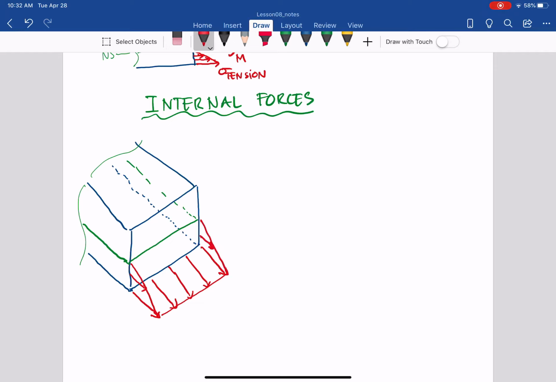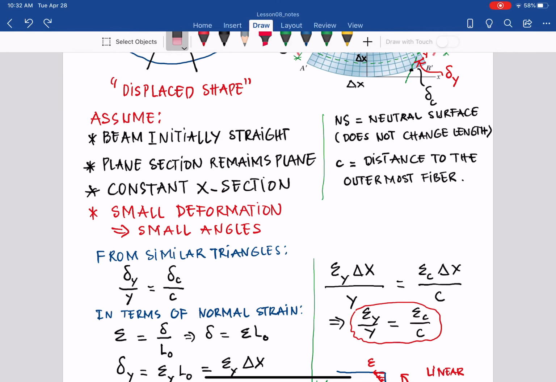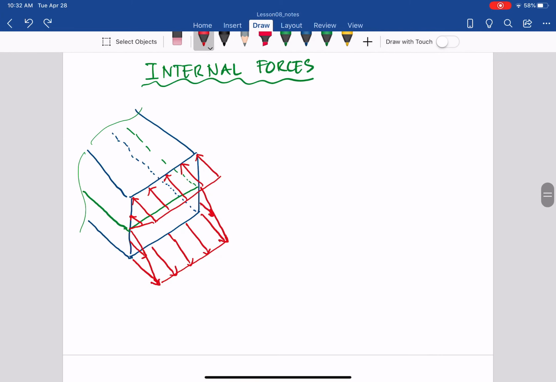Similarly, the top one, we also have sigma maximum at the outermost fiber, but it is all in compression, so it goes into the cross section, as you see there, and it also gets smaller and then zero at the neutral surface.